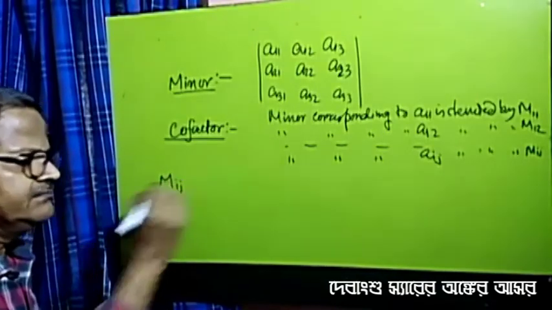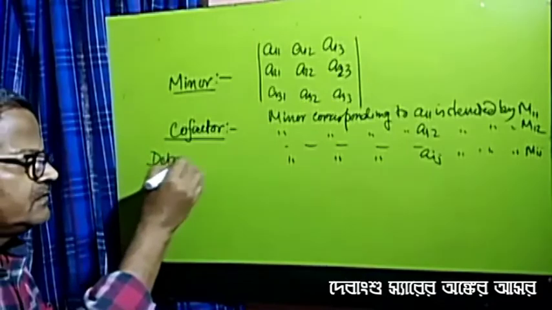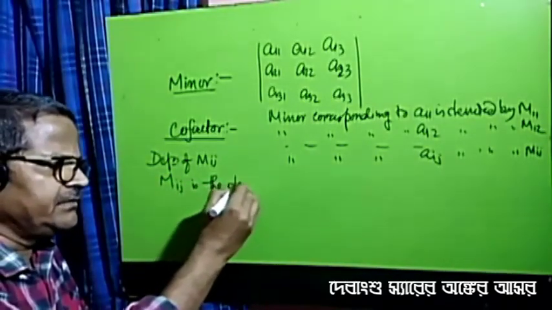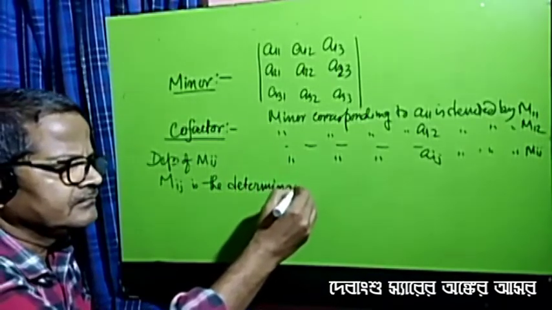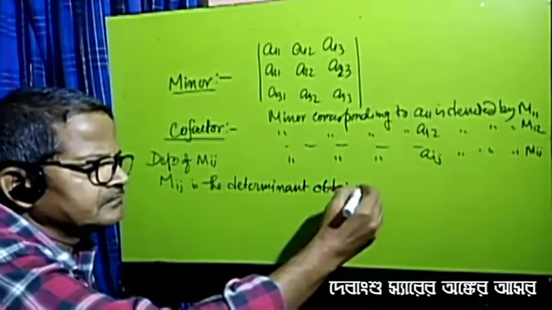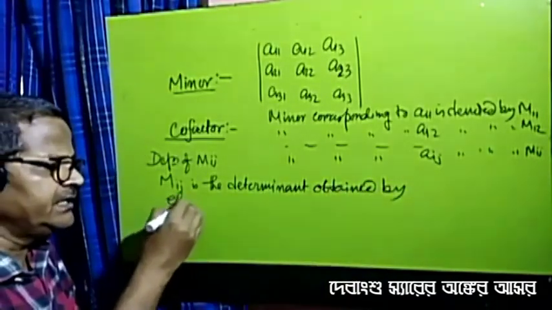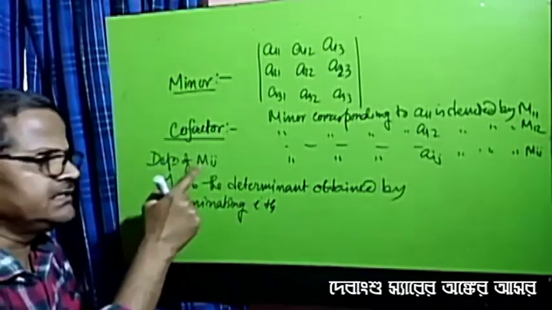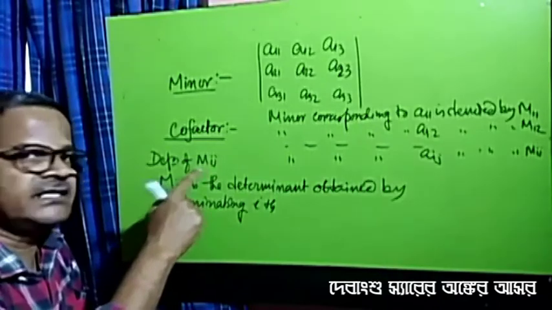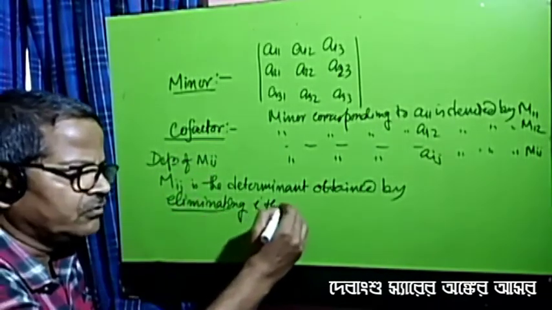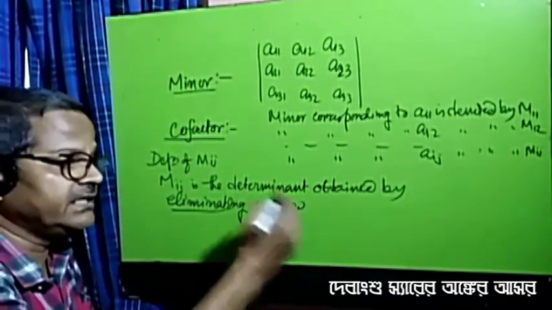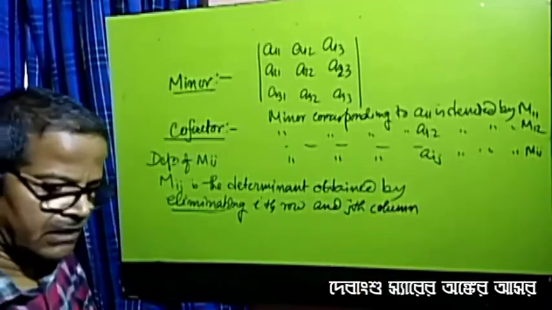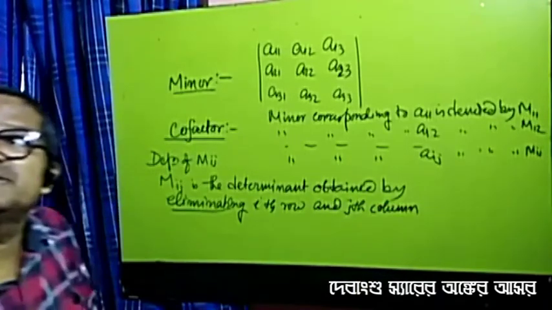The definition of Mij: Mij is the determinant obtained by eliminating the ith row and jth column of the element aij. This element aij lies in the ith row and in the jth column. So we have to eliminate the ith row and jth column.